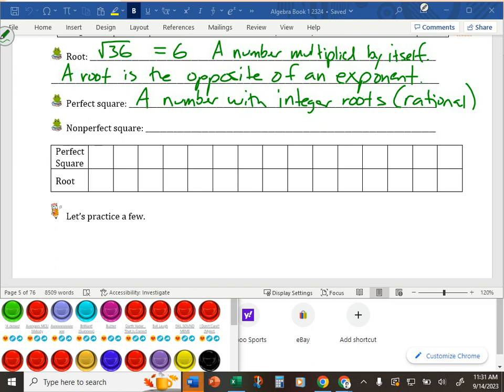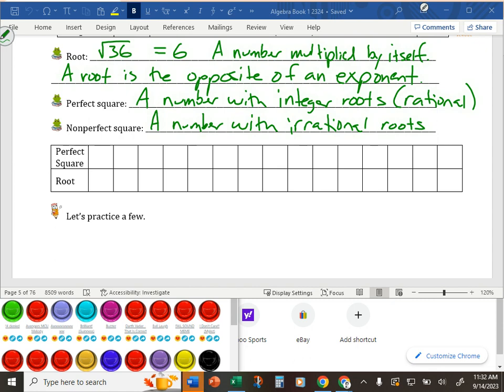And so a perfect square, such as 36, because its root is 6, which is an integer, rational, 36 is a perfect square. A non-perfect square would be a number with irrational roots. Roots that have decimals that never end.